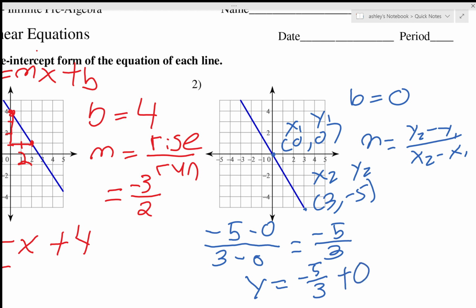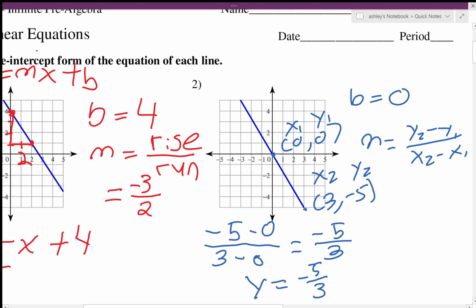If this was a problem on something like Delta Math, you just would not include that plus 0. It doesn't really actually add anything, because obviously if you add $0 to your account, nothing happens. Oops, I erased my x as well. So I need to get it back to a pen.